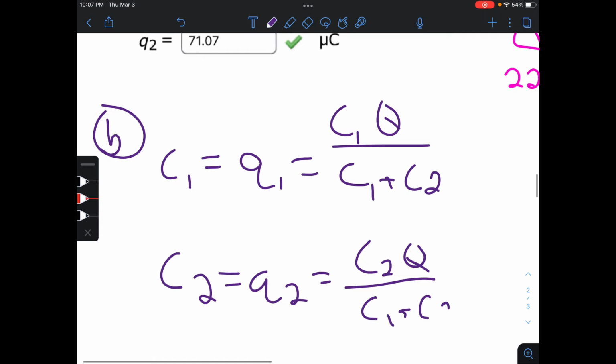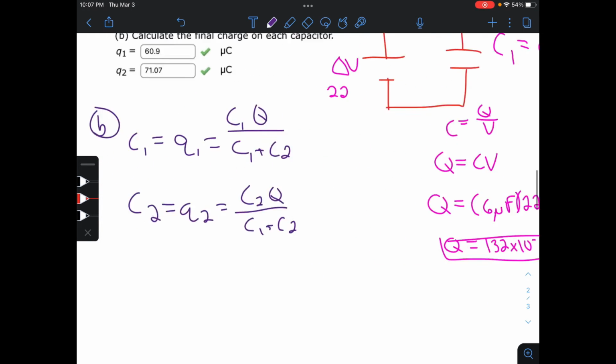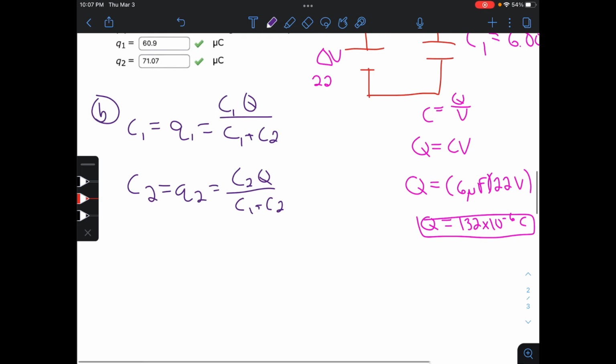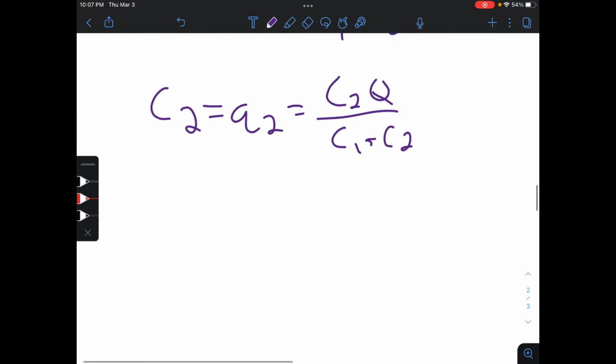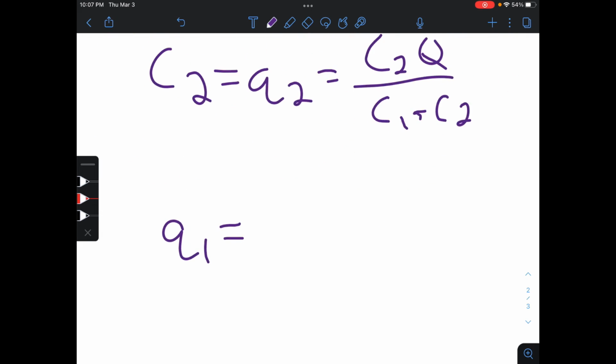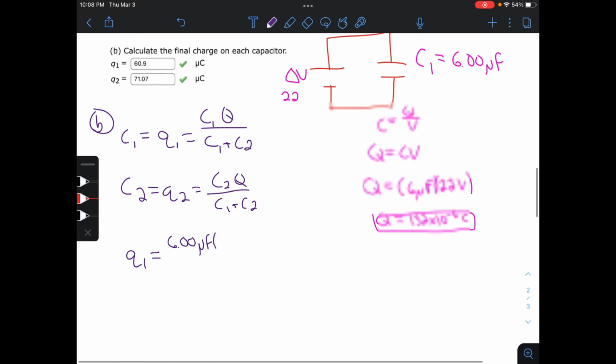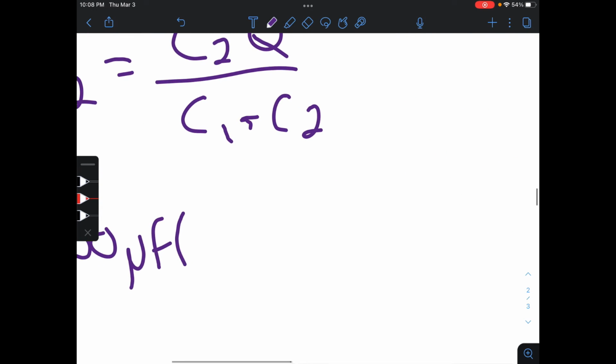So these answers are going to be very close to one another. Once you fill in for C1, we'll get Q1 is equal to 6 times 132.